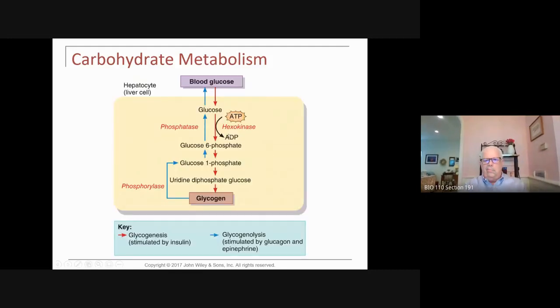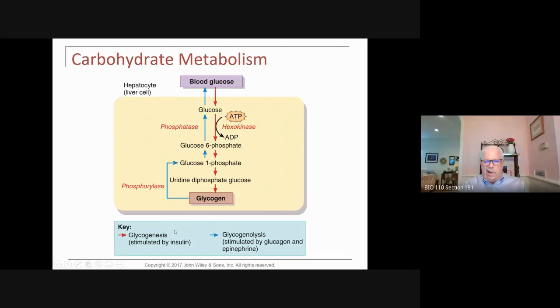Basically, here's glucose. In the presence of enzymes, which you don't have to know, you form glycogen, which is stored. If you need it, it's broken down as glycogenolysis.